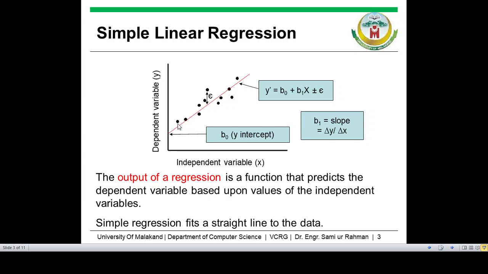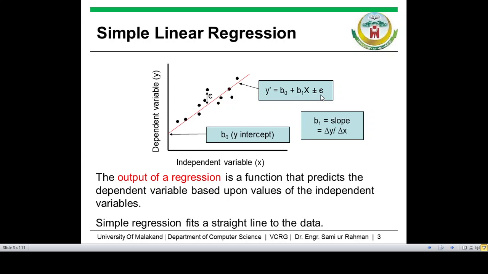So the difference is the error. Similarly, in this observation, the model prediction is here, but the actual point is here. So these are model errors, but anyhow all these points can be very easily represented through this equation.